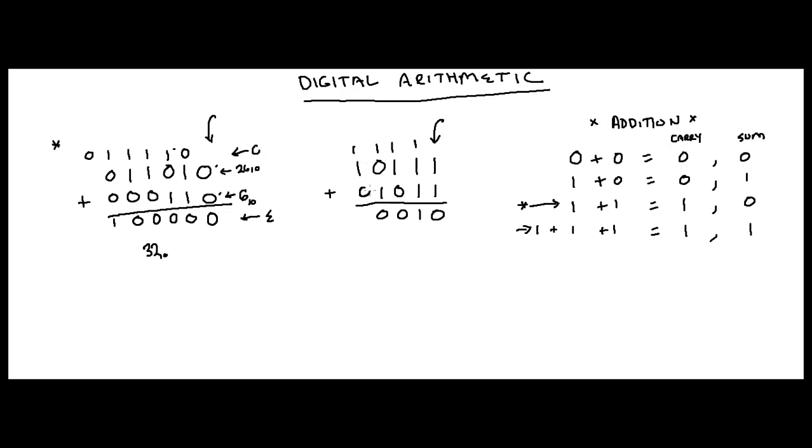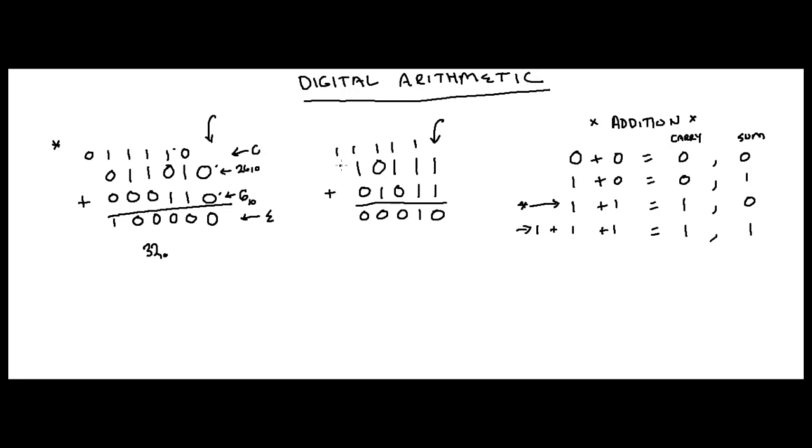I'm going to bring this out a little bit to make sure they all have the same number of bits. I should have done that in the beginning. I'm sorry if I confused you there. So here we have a 1 plus a 1. It's the same rule. We're going to have a sum of 0, a carry of 1.